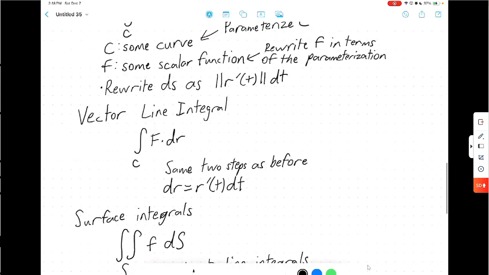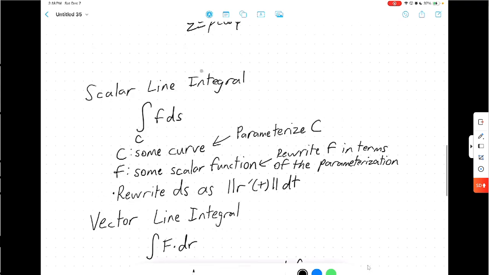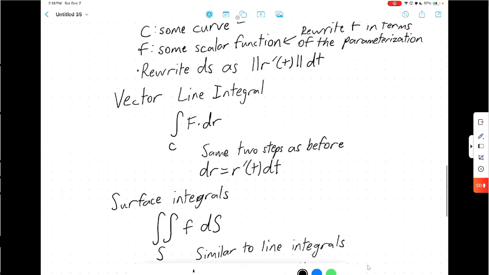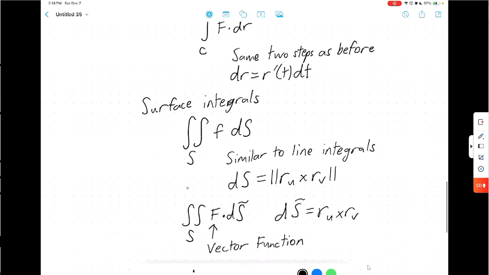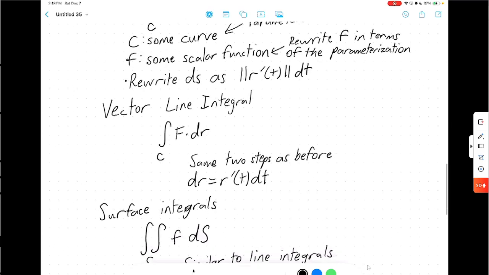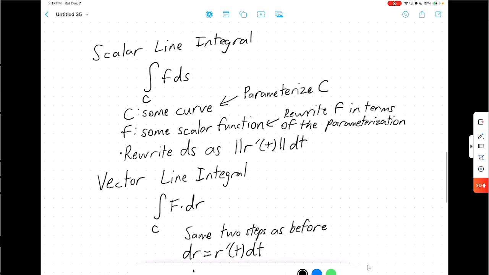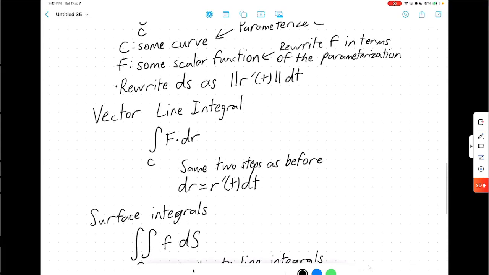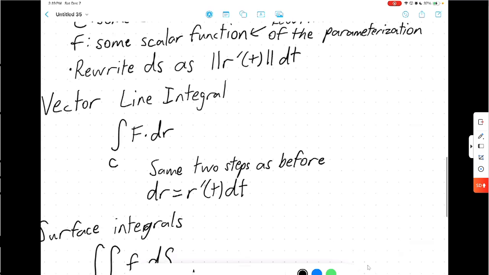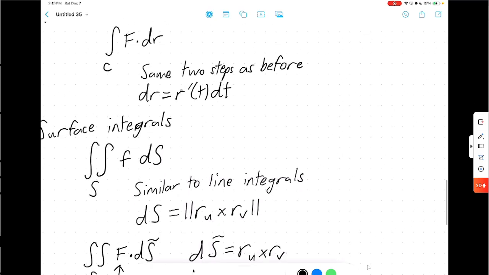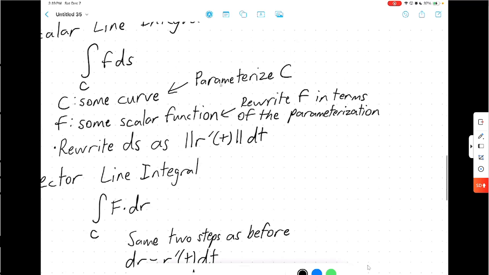The scalar and vector line integrals are similar to each other, and the same for the surface integrals, and they're all similar in how you're evaluating them. You always parameterize the curve, you always rewrite the function in terms of the parameterization, and then you calculate a very specific dS or dr, which changes depending on which integral you're doing. If it's a vector one, you just have the vector function itself. If it's the scalar one, you use the magnitude.